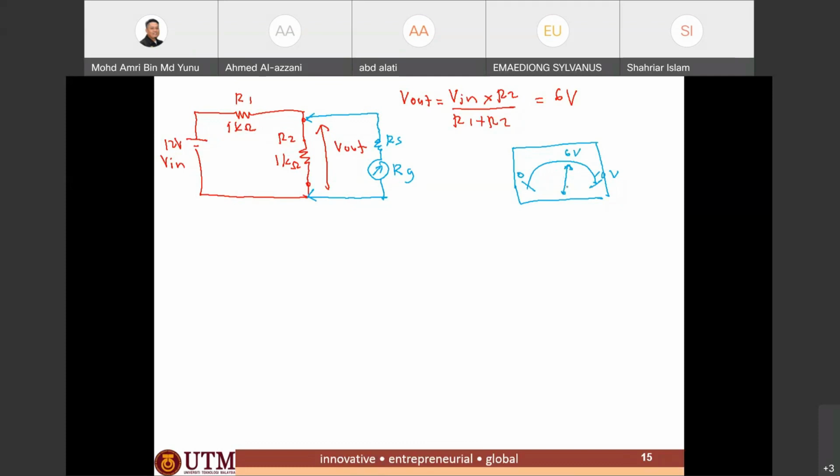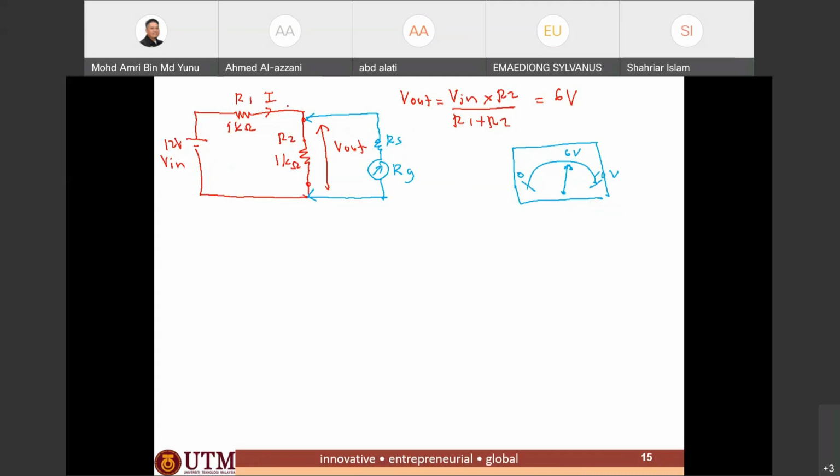That's ideally. But what happens if we introduce this? The original main current, without using any voltmeter, is let's say I.